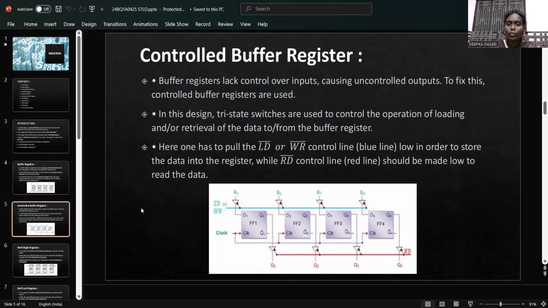Here, one has to pull the LD or WR control line, indicated by the blue line in this diagram, low in order to store the data into the register, while the RD control line, which can be seen as the red line in the figure, should be made low to read the data.